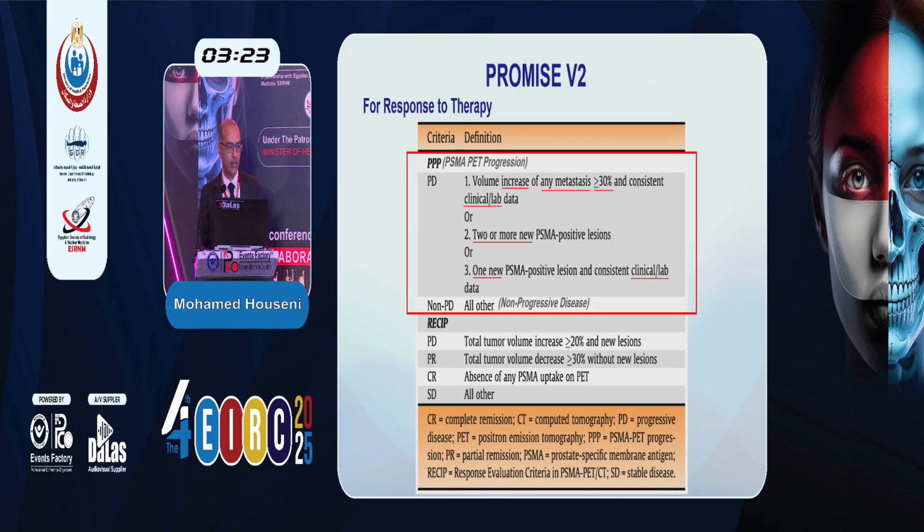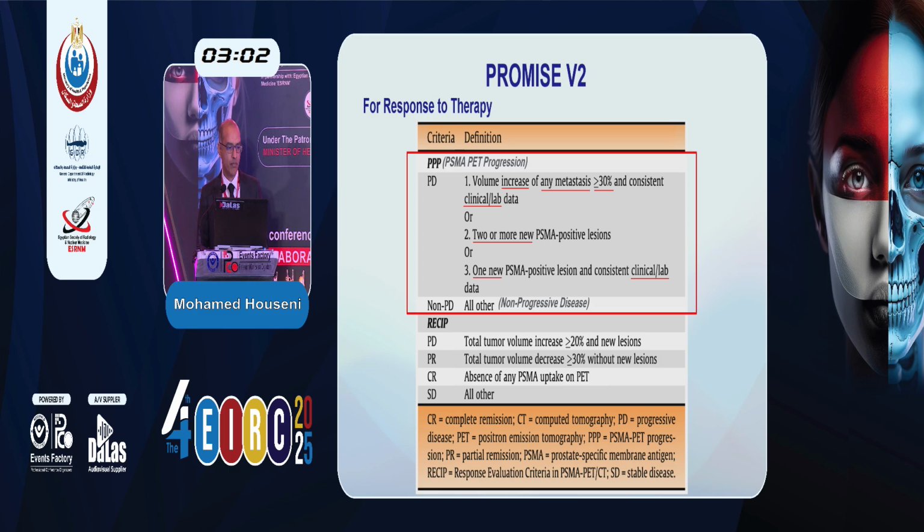Now, regarding response to therapy, if you are using the PSMA, there are 2 ways to do that. There is a classical way, which is disease progression, stable disease, disease regression, and complete response. However, the more practical way is the PSMA PET progression. It is only 2 categories.